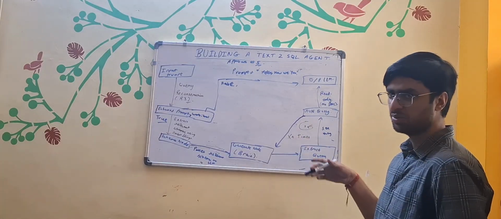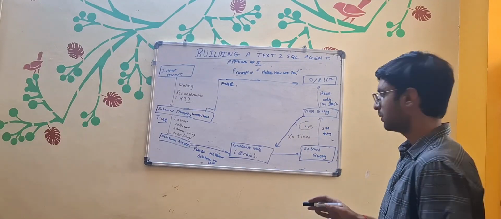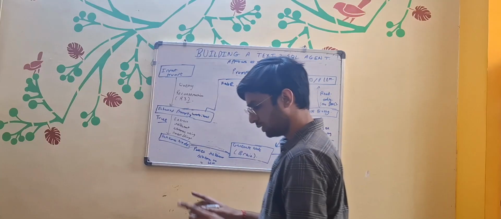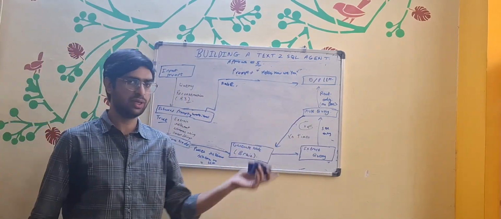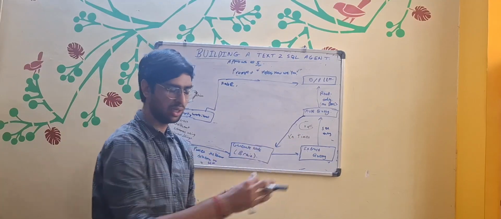It will only execute n times because otherwise it will be stuck in the loop. If the query can't be executed, now this is the most important part, we will run the query in a sandbox. If it hallucinates, we will give our suggestions, and I will come to this later.